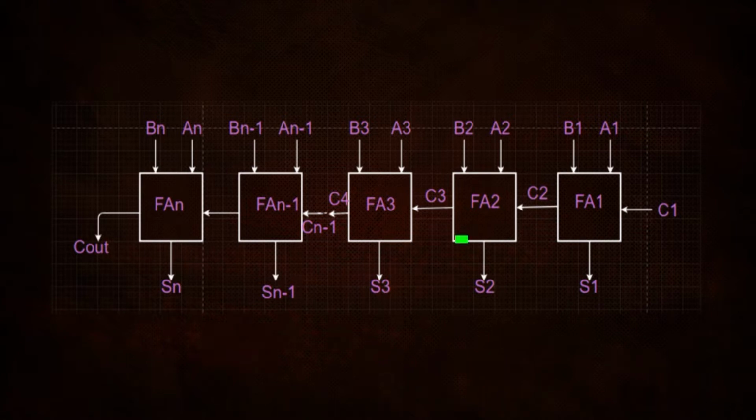Next, the full adder FA2 uses this carry bit C2 to add with the input bits A2 and B2 to generate the sum S2 and the carry C3, which is again connected to the next adder in the chain, and so on. The process continues till the last full adder FAn, which uses the carry bit Cn to add with its inputs An and Bn to generate the last output bit Sn along with the last carry bit Cout.